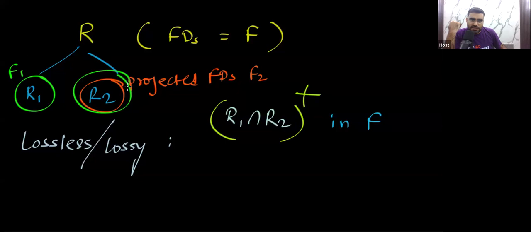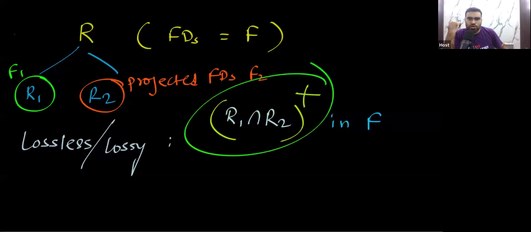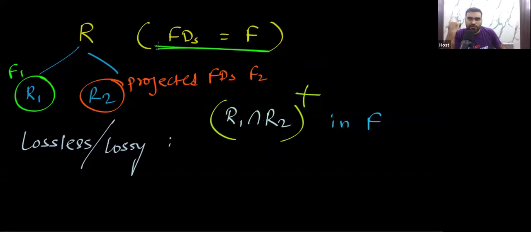Each sub-relation will have its own projected FDs, but we have to find the closure of the common attributes in F.